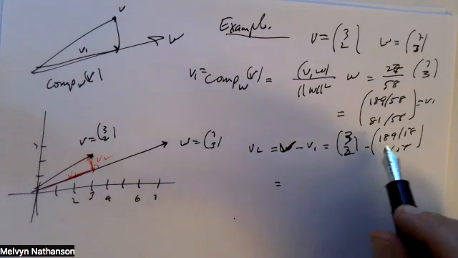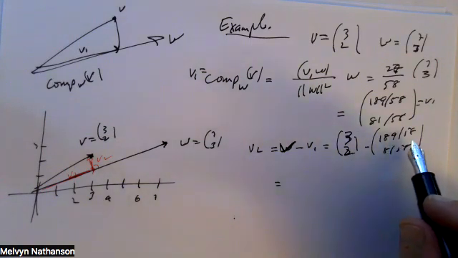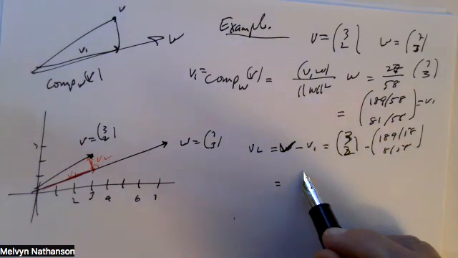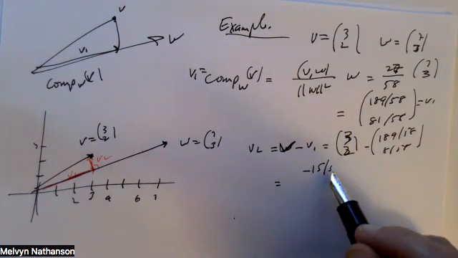Let's see. 3 minus 189 over 58, that's 174 minus 189, that's minus 15 over 58.